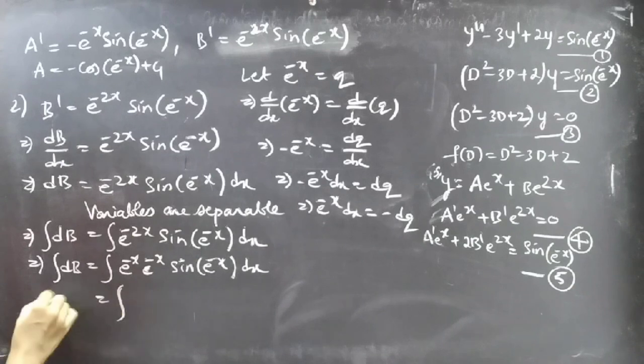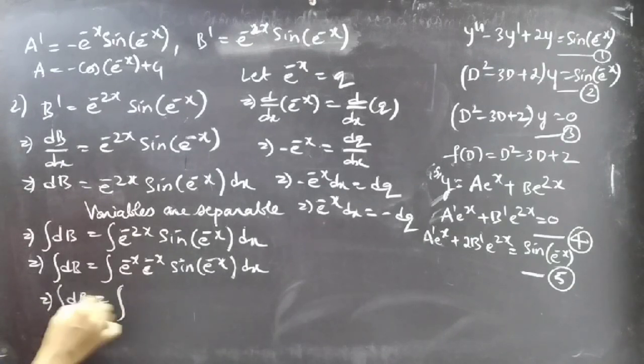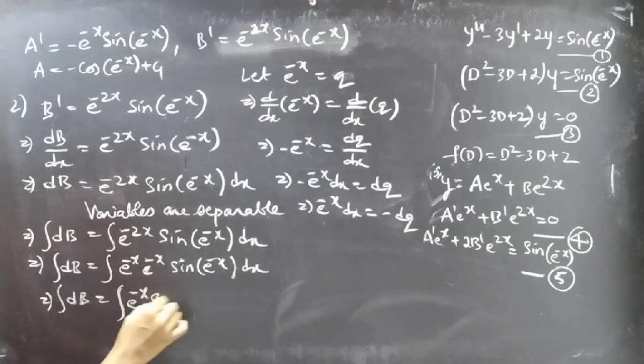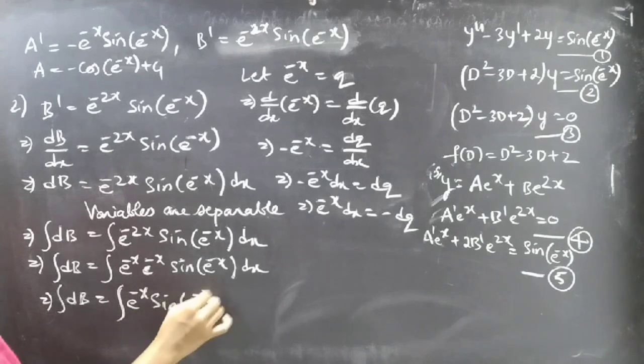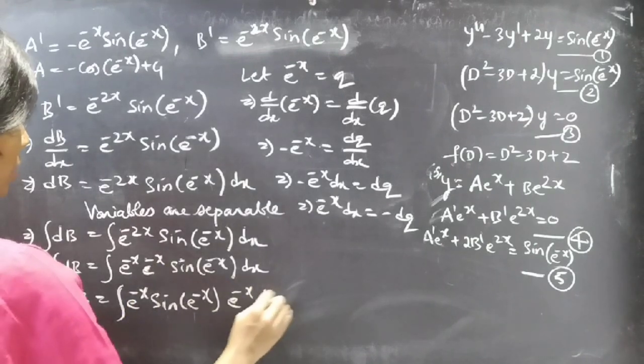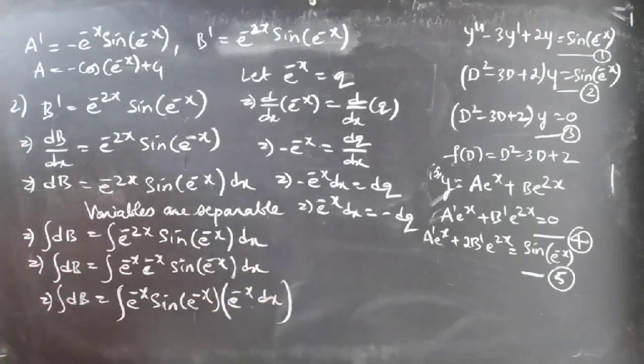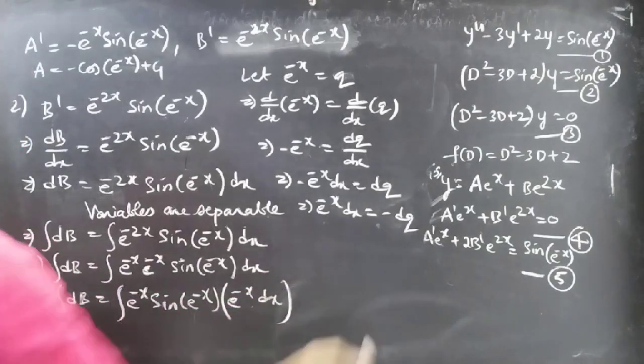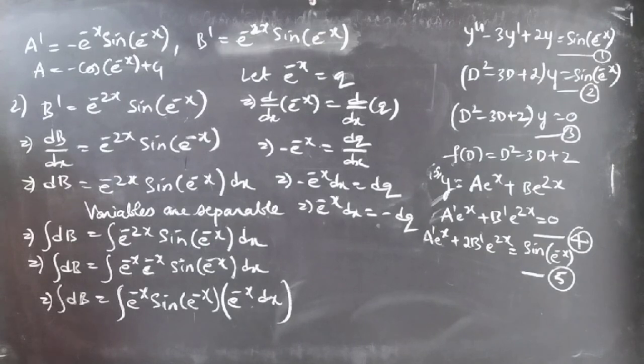And we can write it as e power minus x into sine of e power minus x into e power minus x into dx, so that we can replace e power minus x into dx by minus dq, right?